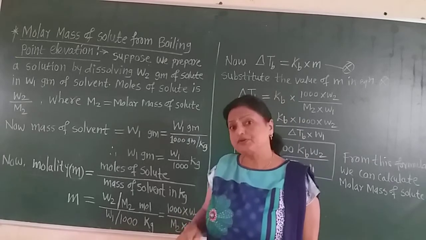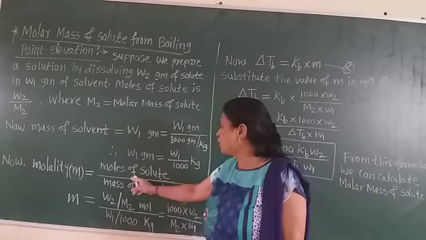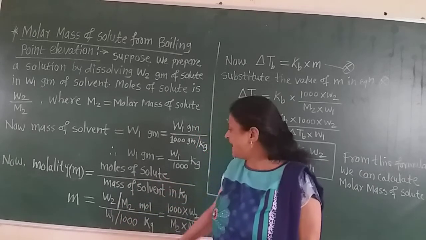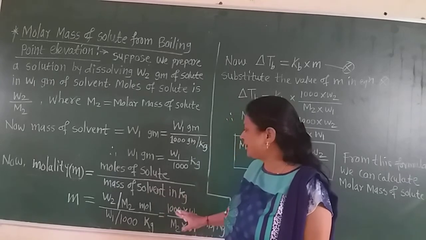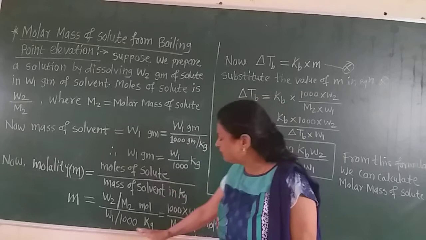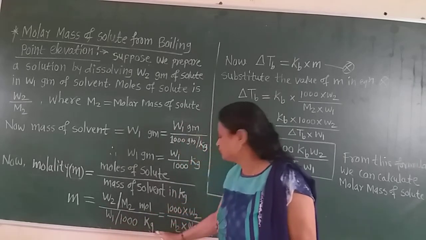Now if we substitute the number of moles of the solute as W2 divided by M2 and the mass of the solvent in kilogram, which we calculated as W1 divided by 1000 kilogram.